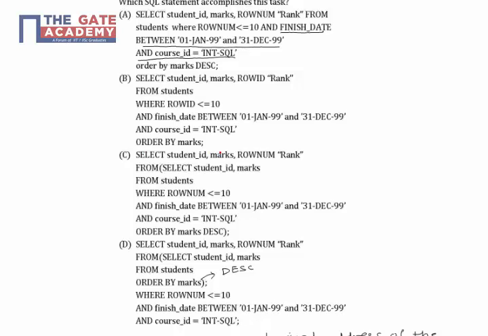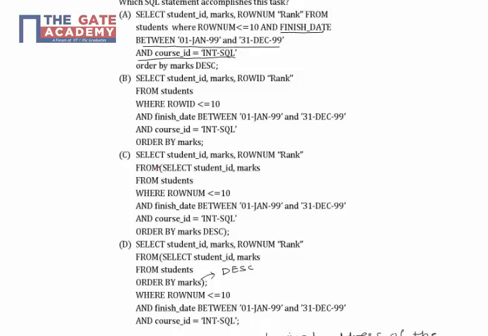Now let us look at option C. Here we have the nested SQL statement. The nested query here is same as the query in option A. Since the query written in option A is itself wrong, we can be sure that the query in option C will also return the wrong answer.